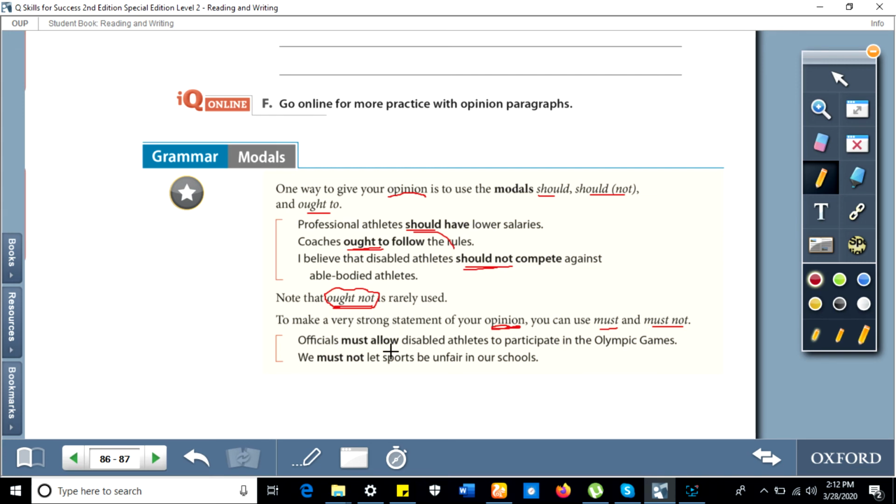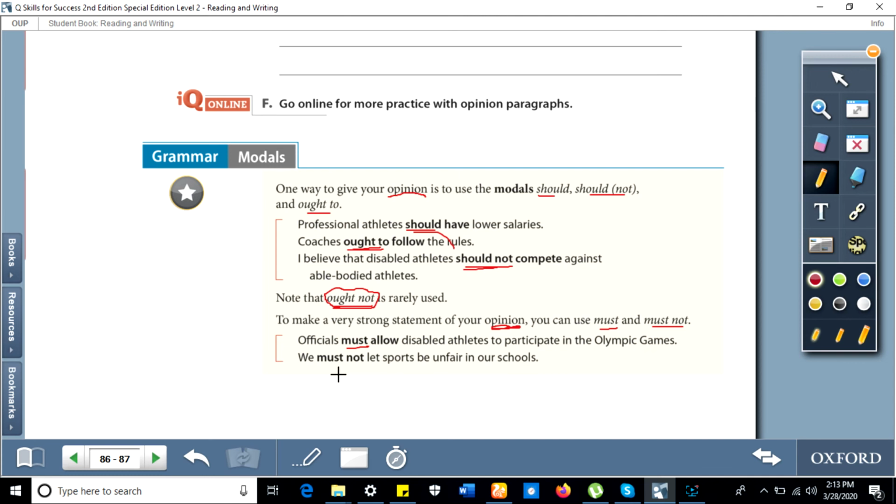So officials must allow disabled athletes. We are using must here because we strongly believe whatever statement or idea we are giving here. I strongly believe my opinion, right?